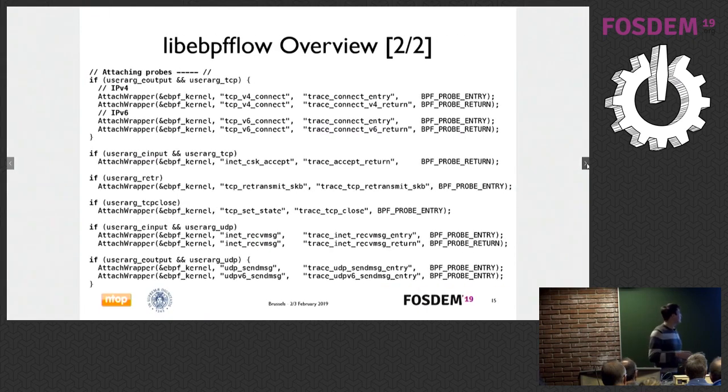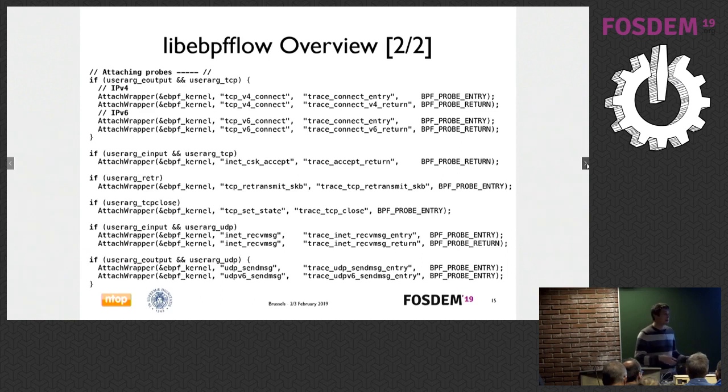To do this, we attach code to different kernel functions that are, for example, the TCP connect, which is triggered when the kernel connects to a remote or local host, or for example to intercept UDP or events concerning the change in the state of a socket.